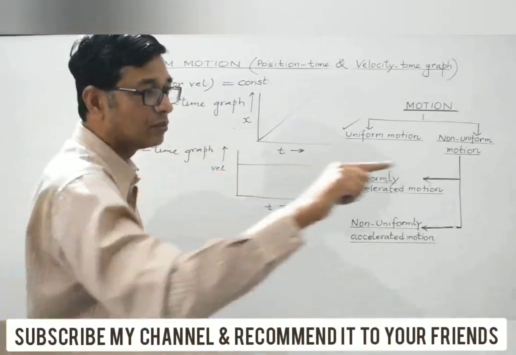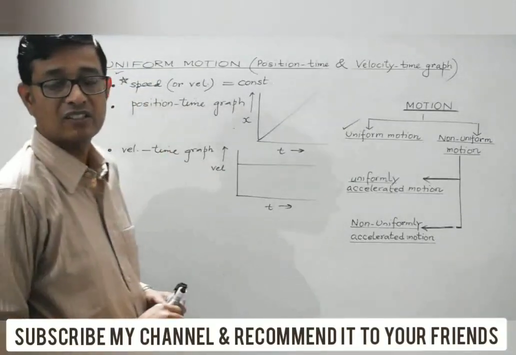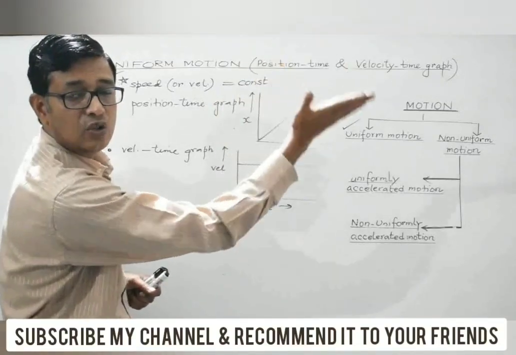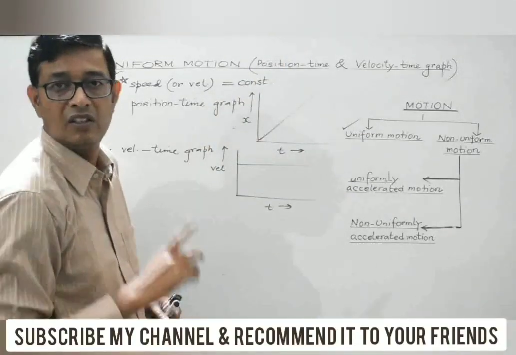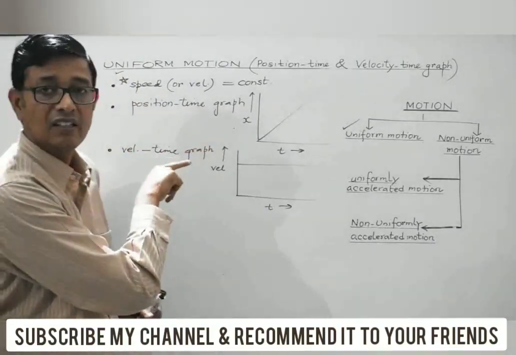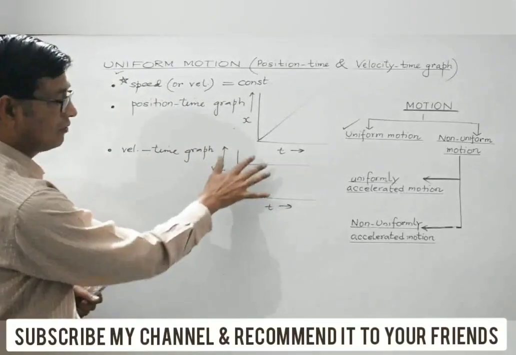Second important characteristic, the position time graph would be a straight line inclined towards the time axis. Third important characteristic, the velocity time graph is again a straight line but parallel to the time axis, signifying that velocity is constant.